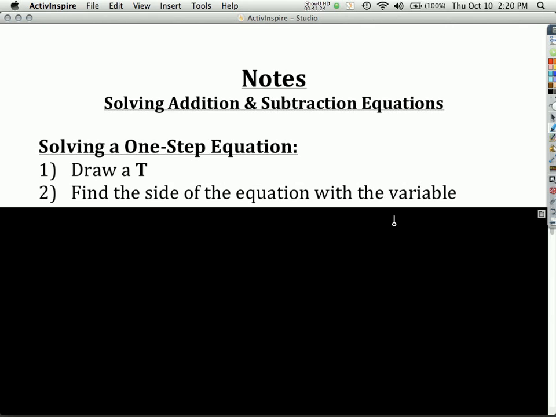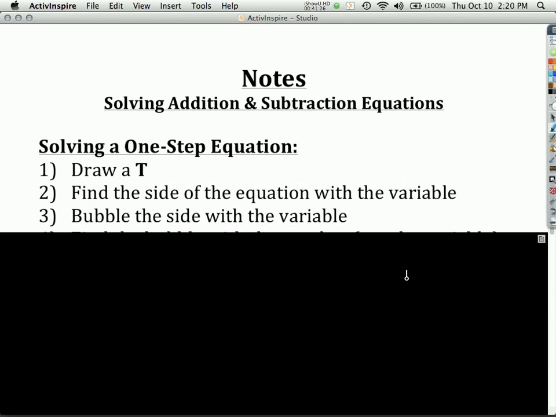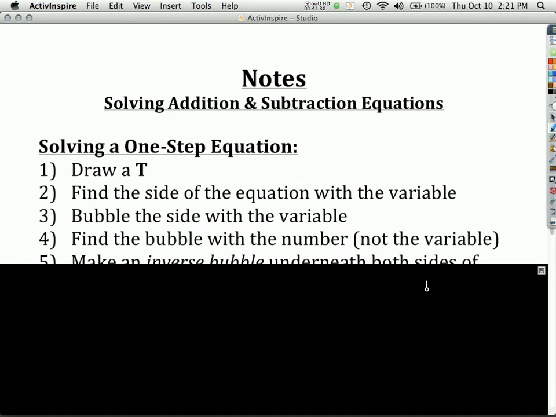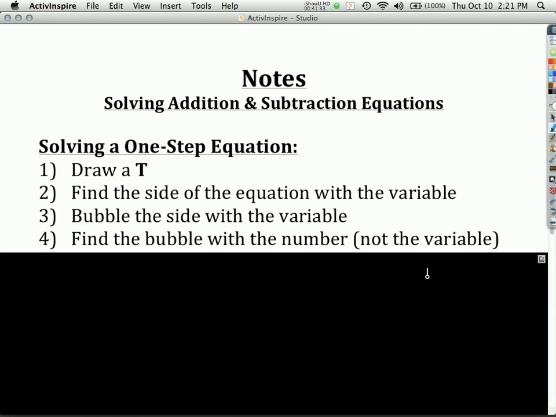After we find the side with the variable, we're going to bubble the side with the variable. After we bubble it, we're going to find the bubble with the number. So in actuality, steps 2, 3, and 4, you're going to do all together once you understand what we're doing. Even though I wrote them as 3 separate steps, it's really just one thing.